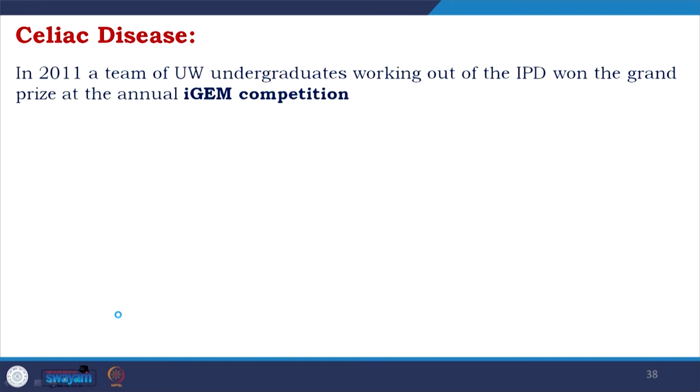In 2011, a team of University of Washington undergraduates working out of the IPD won the grand prize at the annual iGEM competition. If you do not know about the iGEM competition, it is a competition of mostly undergrad and master students.